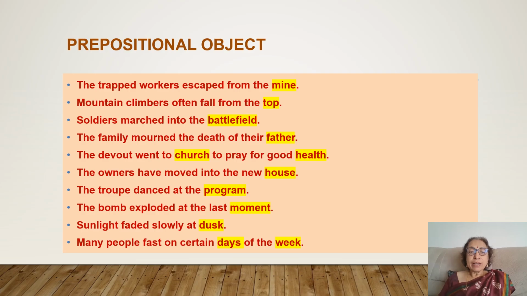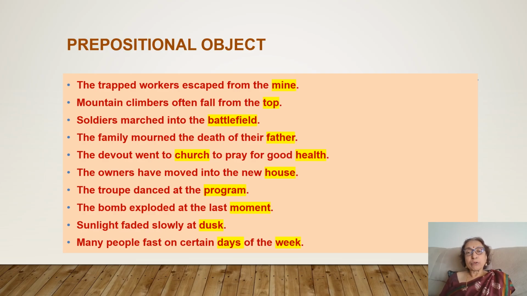Here we have another variety of object. This is the prepositional object. The object cannot go directly to the verb, as we saw in the previous two slides. There, the nouns were directly added on behind the verb.